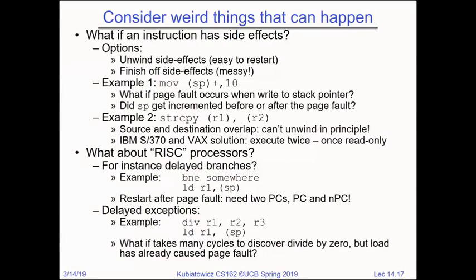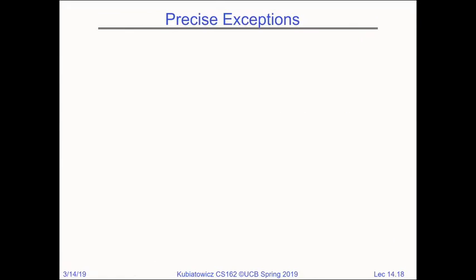So if you had your ideal druthers as operating systems people, where would you like the fault to point to, the divide or the load? Divide, right? Because the divide is the first thing the programmer thinks hasn't completed yet. Okay? Good. These are things that operating systems people have to worry about.